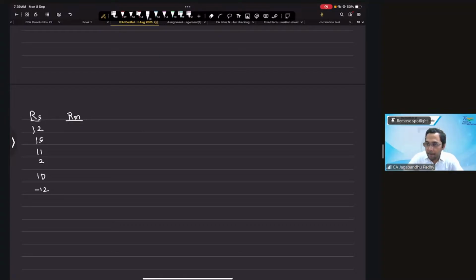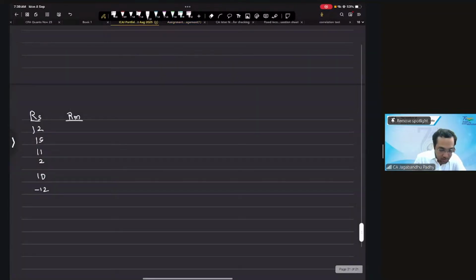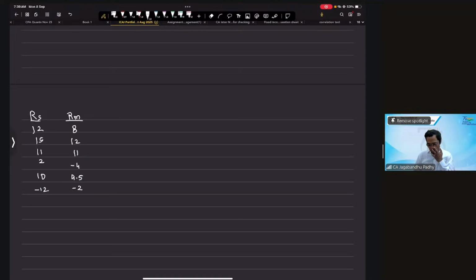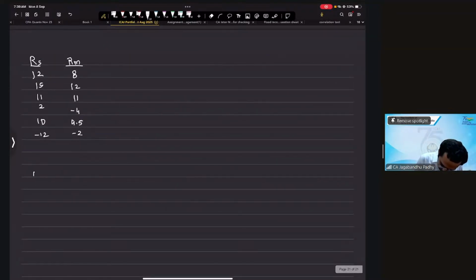And market returns are 8, 8, 11, 12, 11, minus 4, 9.5, minus 2. You might already have these numbers. So we first need to get the value of beta, guys.